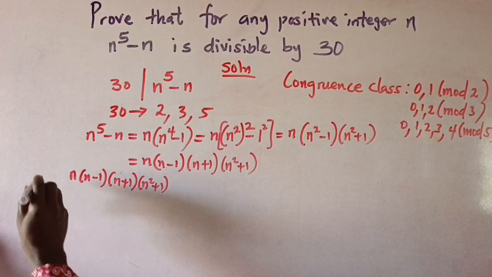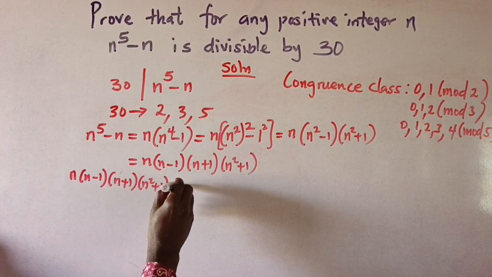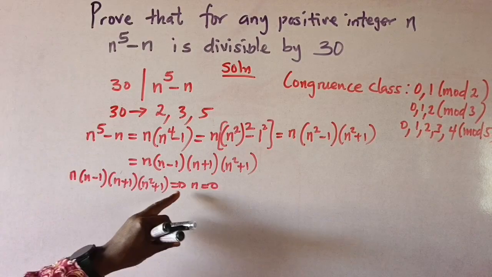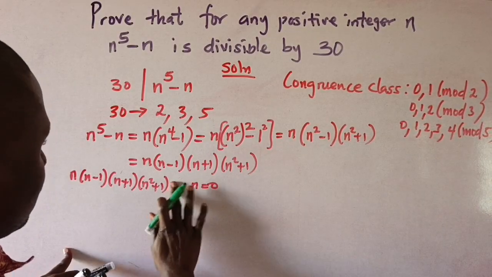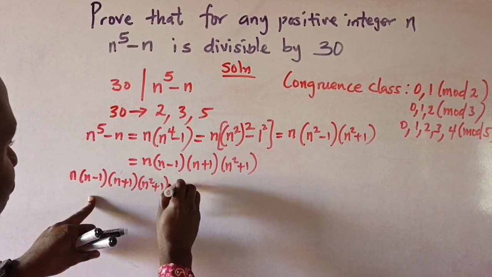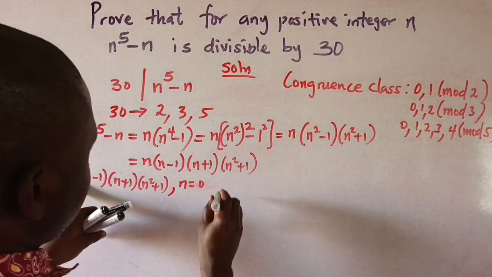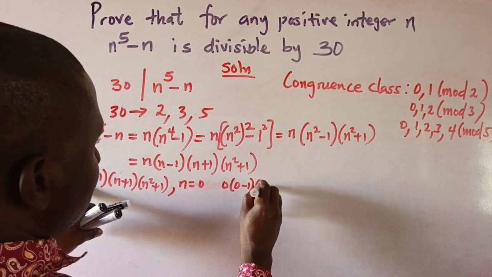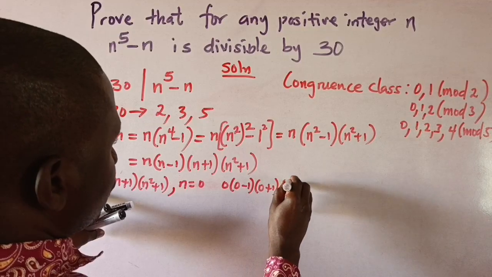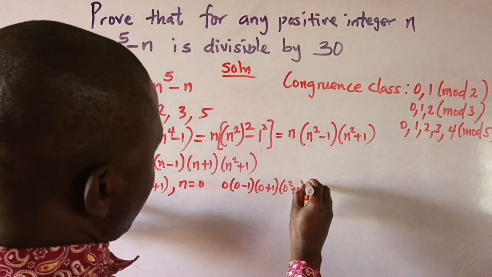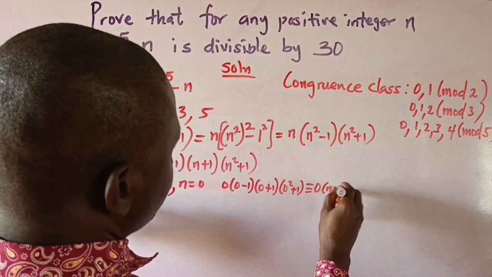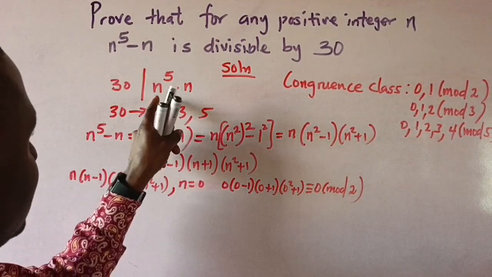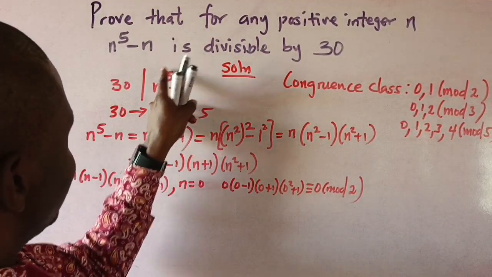So we want to substitute when n equals 0. We have 0 for n, 0 minus 1, 0 plus 1, then 0 squared plus 1, and you are going to have 0 in mod 2. So when 0 is substituted here, it means that this is divisible by 2.